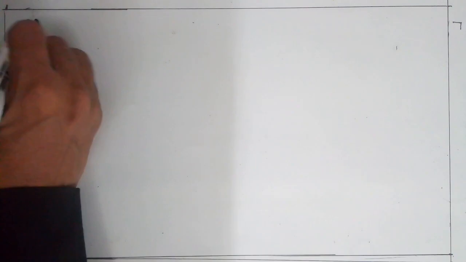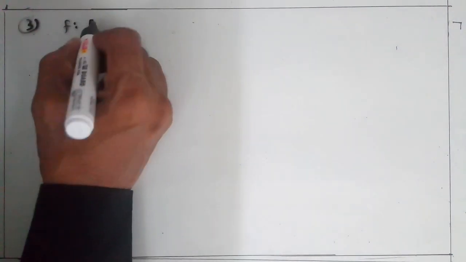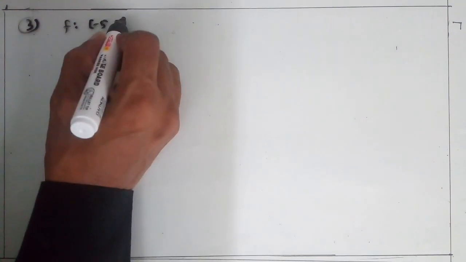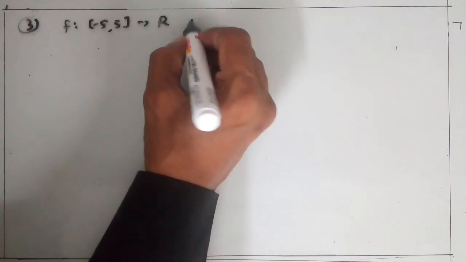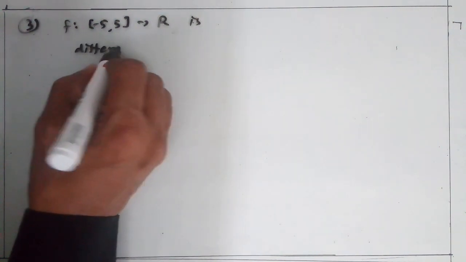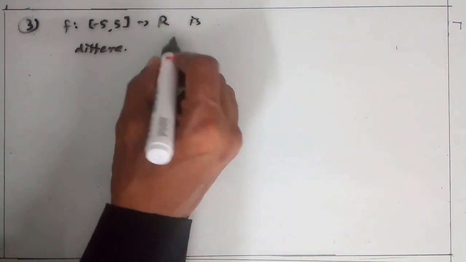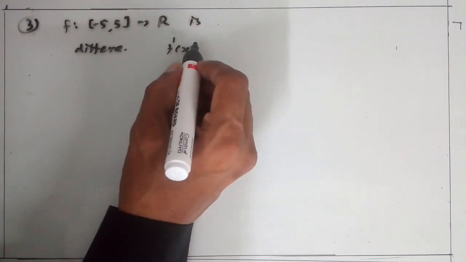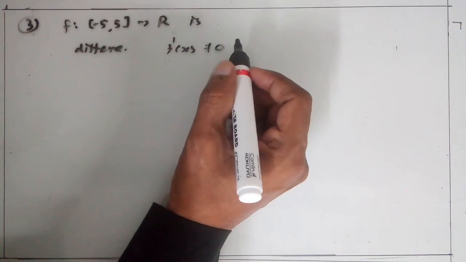Question number 3. f from [-π, π] to R is a differentiable function, and f'(x) does not vanish, that is, it is not equal to 0.